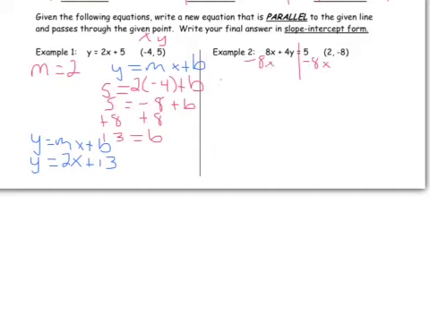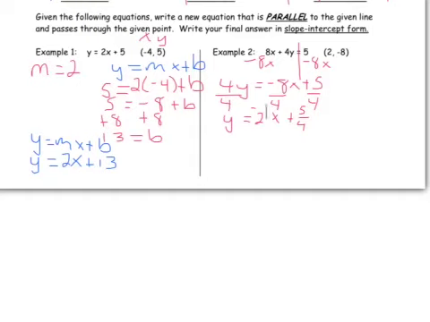So now I have 4y equals negative 8x plus 5, and then I will divide everything by 4, and that gives me y equals negative 2x plus 5/4.